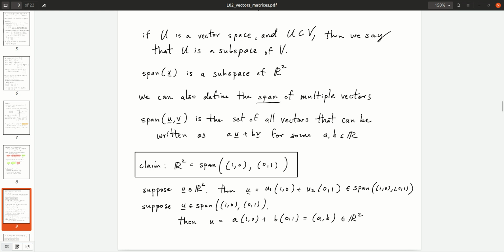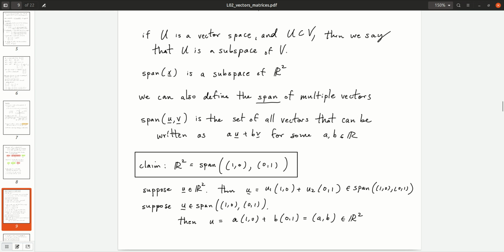So we suppose that u is a member of R2. What that means is that we can write it as (u1, u2), where u1 and u2 are real numbers. That means we can also write it like this: u1 times (1, 0) plus u2 times (0, 1), and then we get (u1, u2).